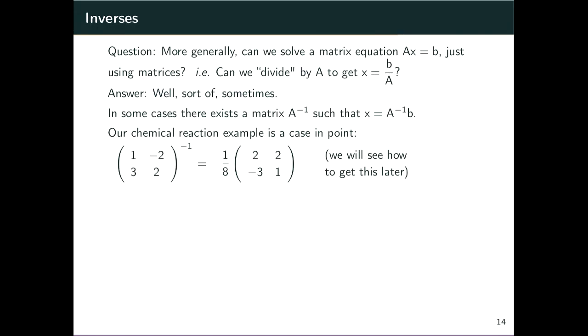So from our previous example, we had this matrix here, 1, -2, 3, and 2. And what we're going to find out is we can actually invert it. So we take the power of -1, and we get this matrix here. And we're going to have a formula for this later on, which you'll see. It's not too complicated. All that's going on is you switch these two, you take the negatives of these two, and then you have 1 over something called a determinant.